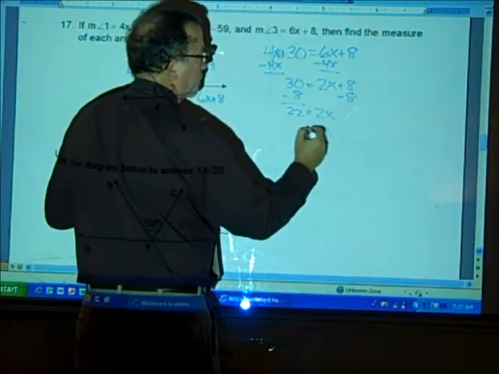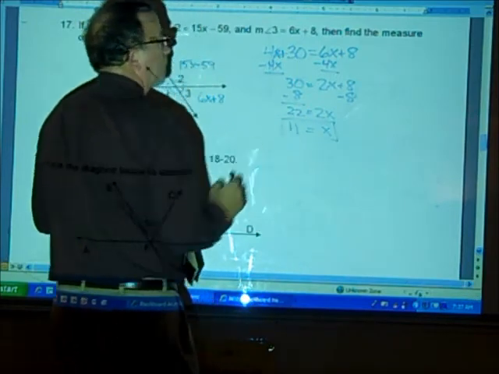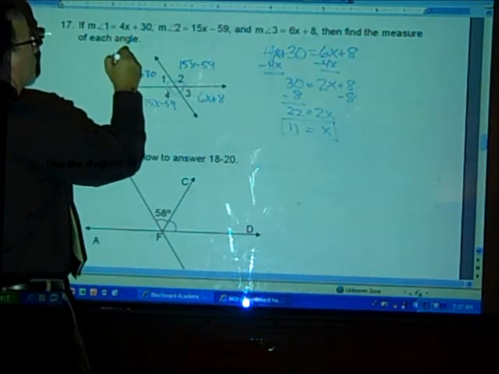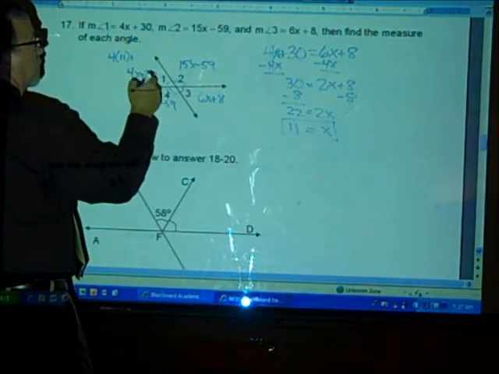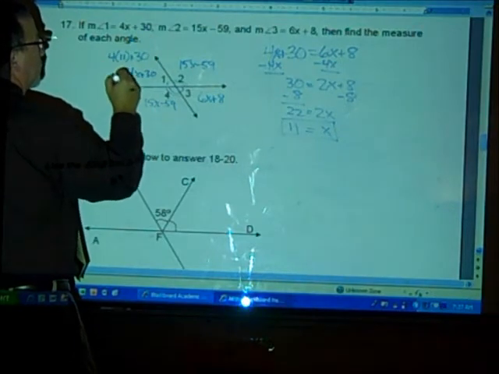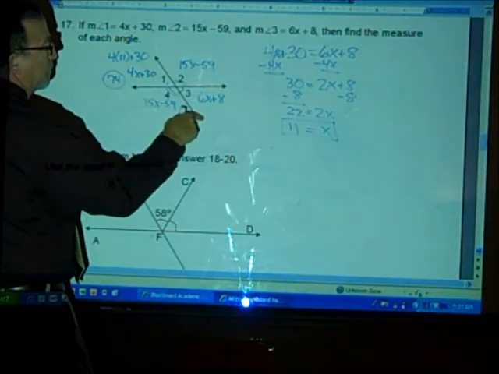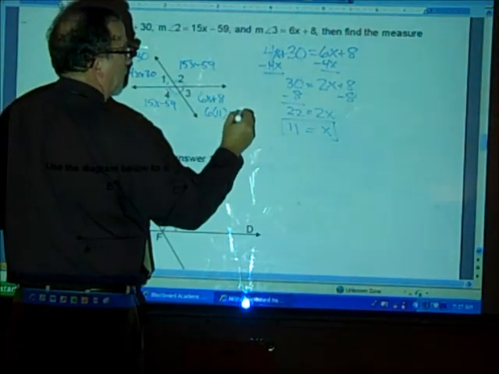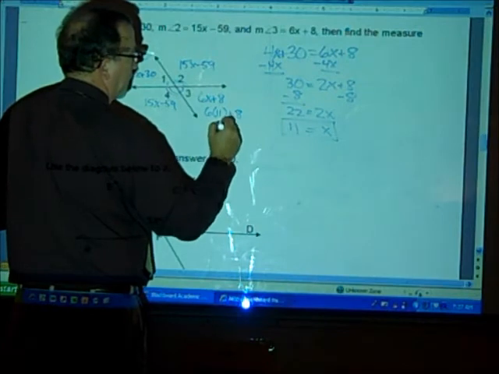Therefore, x is 11. Okay, we want to find the measure of each angle, so we're just going to plug it in. So 4 times 11 plus 30. 44 plus 30 is 74. Now we can assume that's the same, but let's go ahead and check. 6 times 11 plus 8. 66 plus 8 is 74.